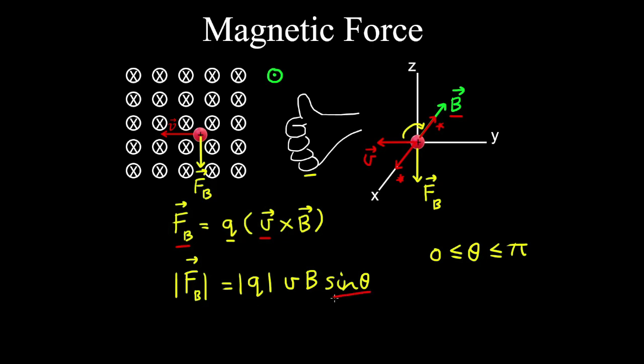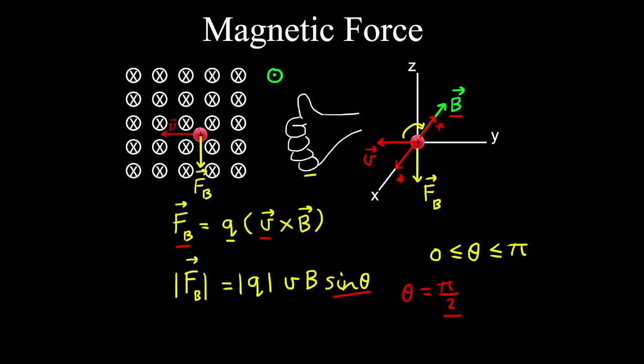So here we see the magnitude of the magnetic force being maximized when theta is equal to pi on 2, or sine theta is equal to 1, meaning that the velocity vector and the magnetic field vector are perpendicular in this case.